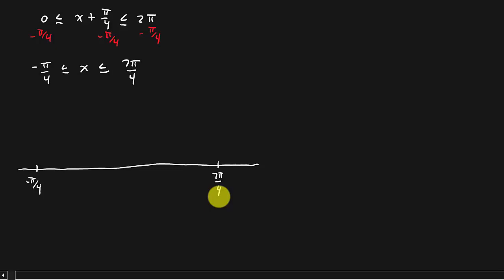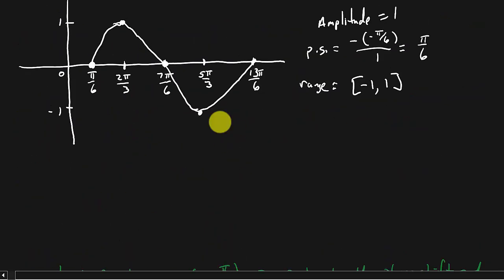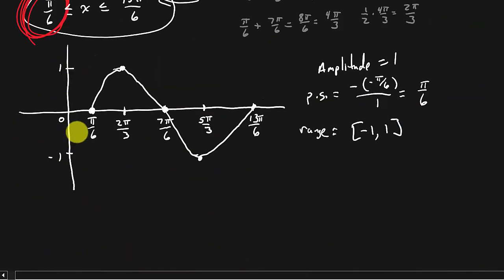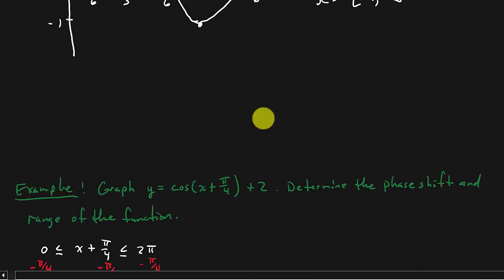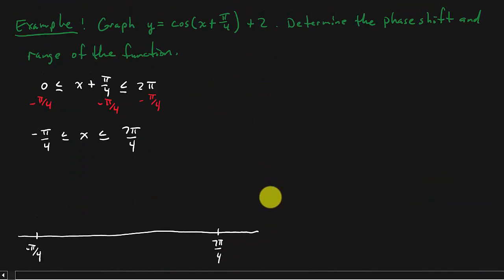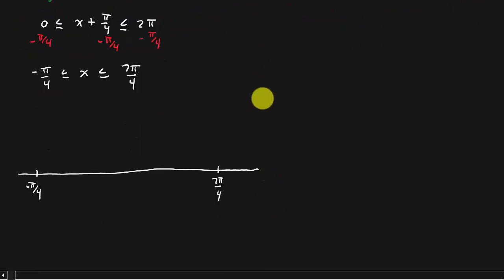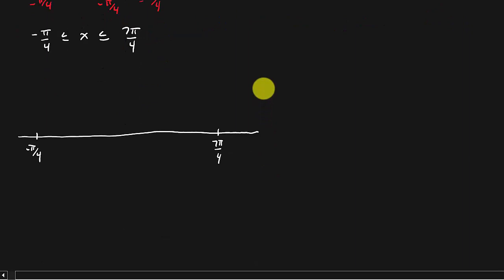And then, like we did in these previous problems, we mark our max and min values. Well, we know our max and min values in this problem are 1 and negative 1 because that's our amplitude, the number in front of cosine. But notice I didn't put the y-axis in there yet. See, I didn't draw the y-axis in there.